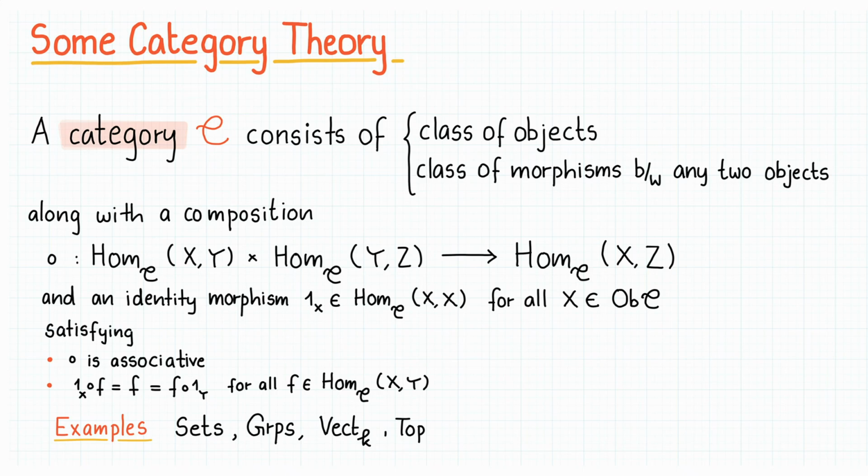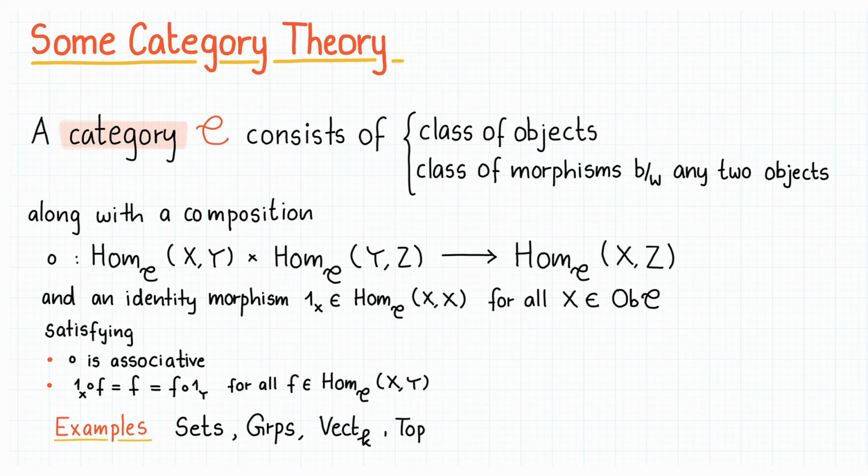And along with that, you need to tell me how the morphisms compose with each other. So if you have a situation where you can compose the morphisms, like if you have a map from X to Y and then another map from Y to Z, you should be able to get a map from X to Z. And you also need to choose an identity morphism, which is a map from an object to itself.